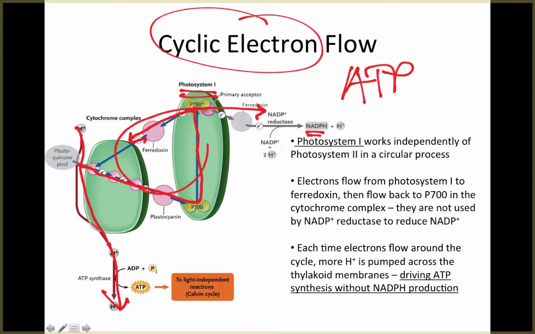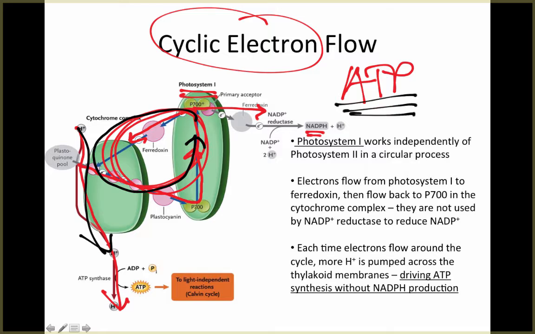And so it goes around and around and around like this, so that you can continue with the hydrogens pumping across. And so this is sometimes when we need just ATP. Realize ATP is used for so many different reactions. We're using it all over to make other enzymes work and just to allow the overall function of the cell to happen. So there are going to be times that you need ATP more than NADPH. So that's the reason why this happens.